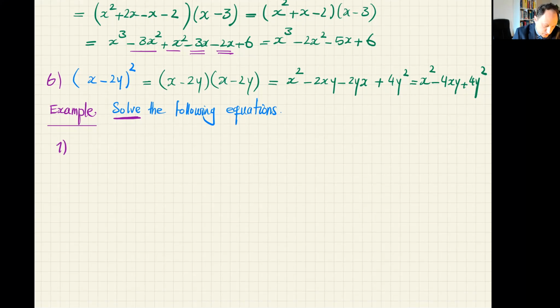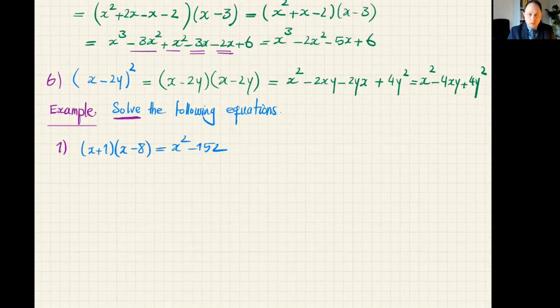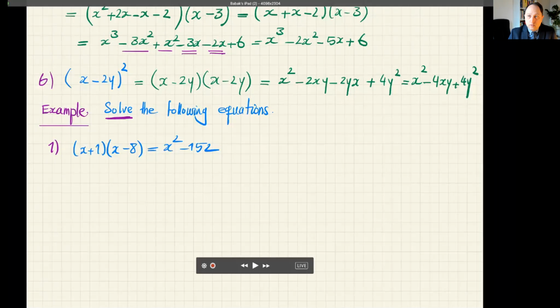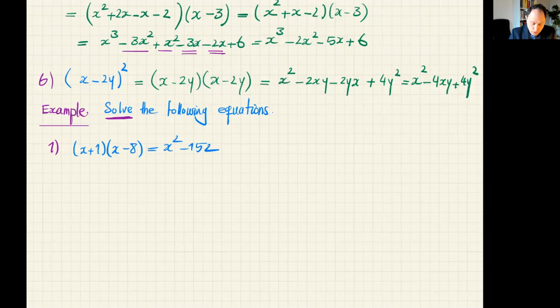So let me choose this example. x plus 1 times x minus 8 is equal to x squared minus 152. So we want to solve this equation. Let me get rid of all of them. So how should I solve this?